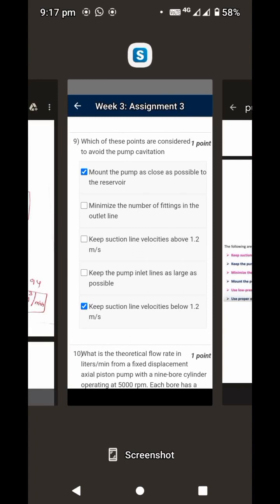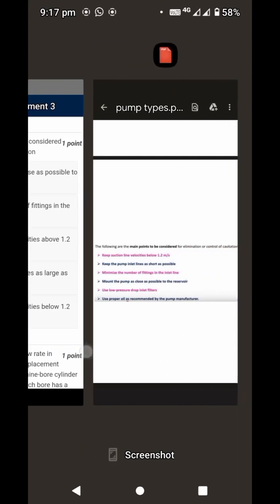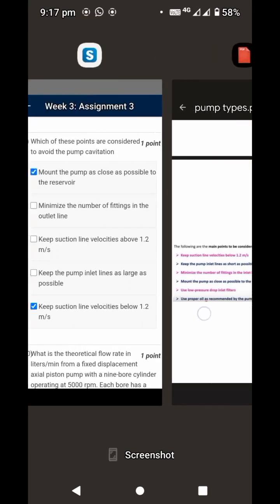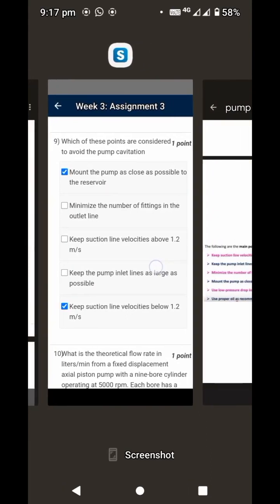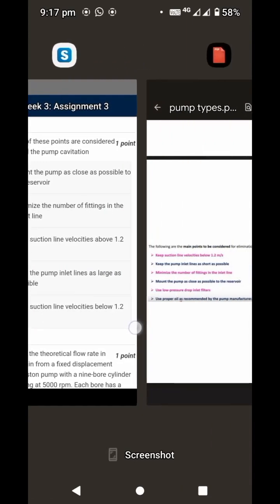If they had given the inlet line it would be correct, but they gave the outlet line, so it was wrong. And mount the pump as close as possible to the reservoir. So option number 1, mount the pump as close as possible to the reservoir, the same content is given, so this one is the correct one.